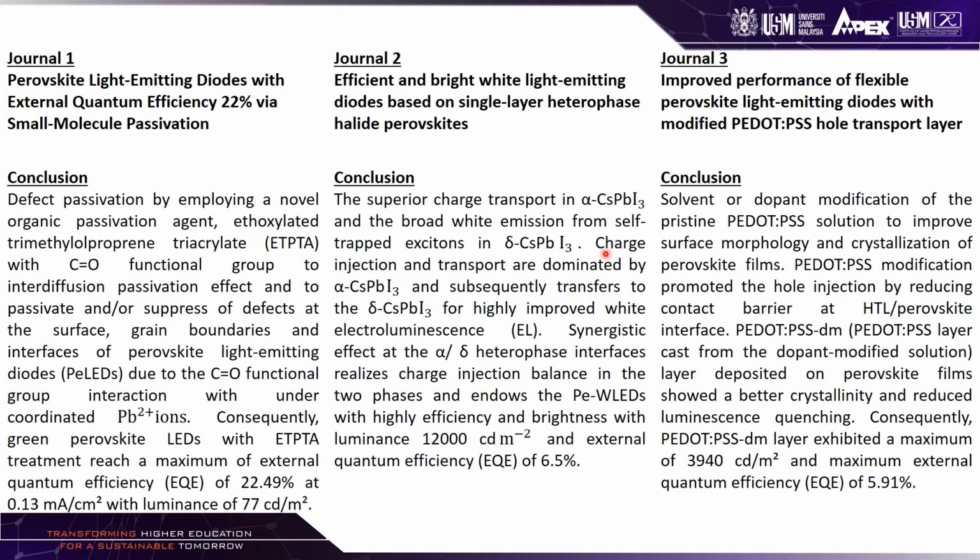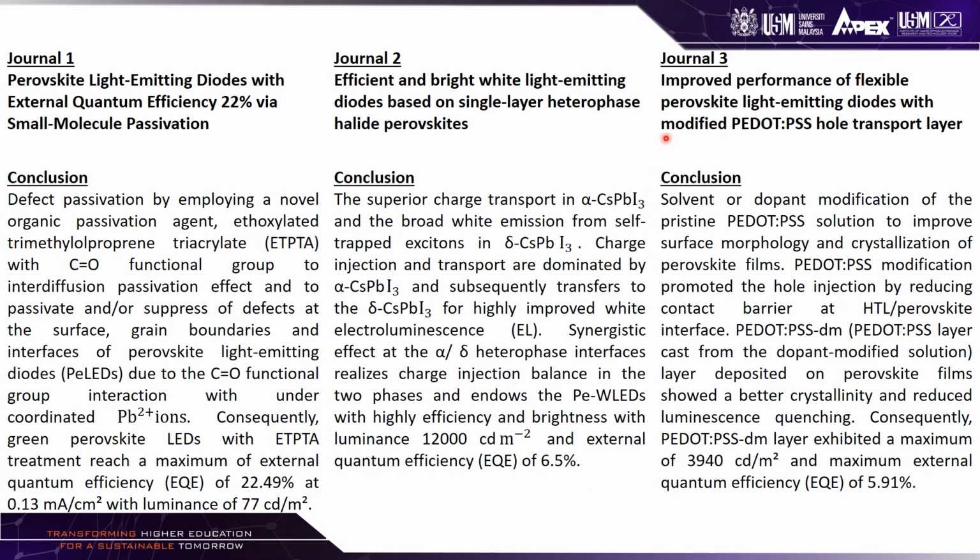Charge injection and transport are dominated by alpha calcium lead iodide and subsequently transferred to the delta calcium lead iodide for highly improved white electroluminescence. The synergistic effect at the alpha to delta heterophase interface realizes charge injection balance in the two phases and endows the perovskite white LEDs with high efficiency and brightness, with a luminance of 12,000 candela per square meter and an EQE of 6.5%.